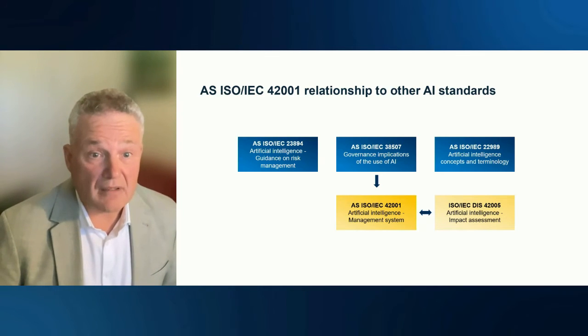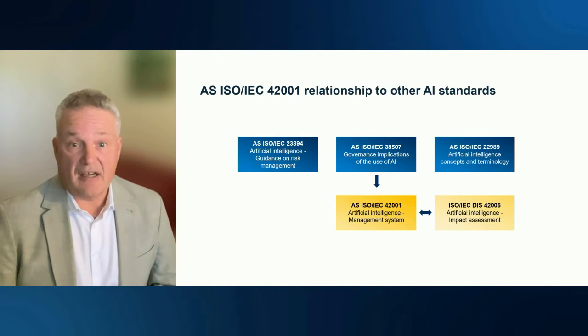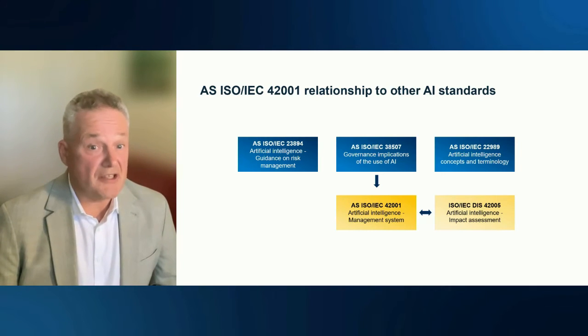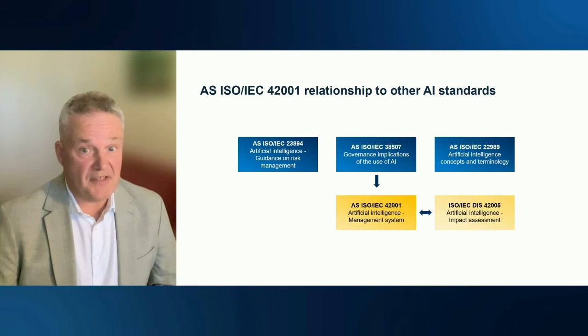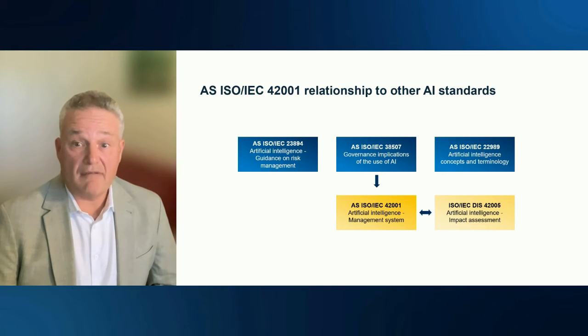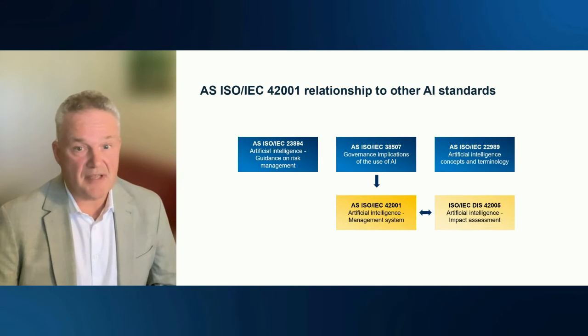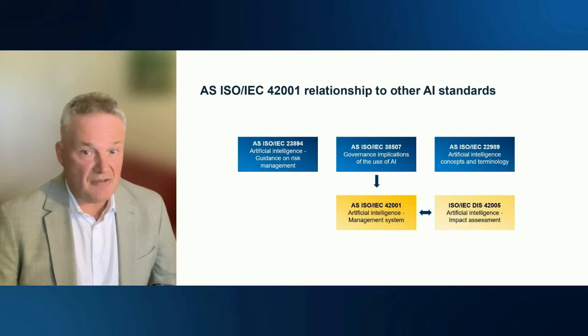So if you're familiar with risk management as a governance instrument, then this guidance on risk management will help you focus on the AI-specific aspects. We will touch on AI-specific sources of risk a little later in the session, but for now, it's probably enough to know that if you have conducted risk assessments and have been involved with risk management before, then much of the process will be the same. It's the nature of the risks that is different for AI.